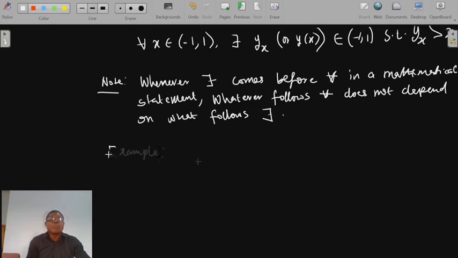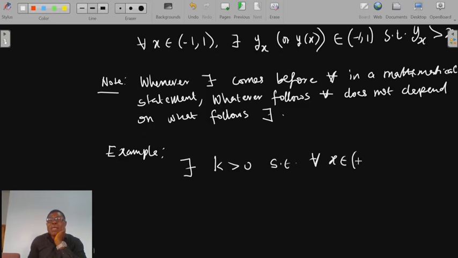Example, in the statement, there exists k greater than 0, such that for any x in the interval minus 1, 1, absolute value of x is less or equal to k.